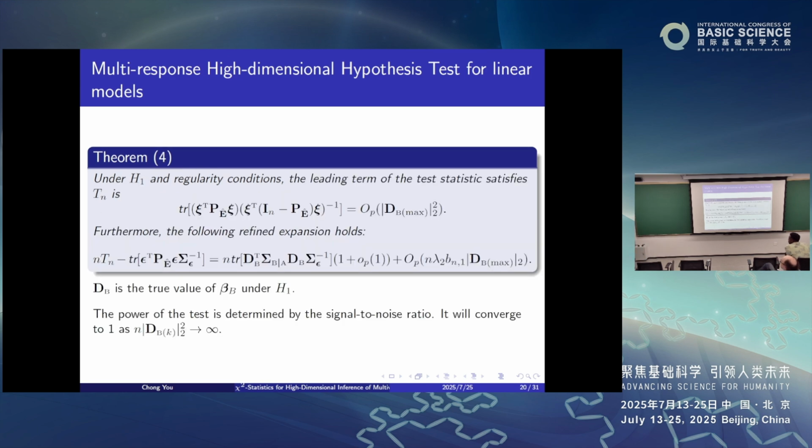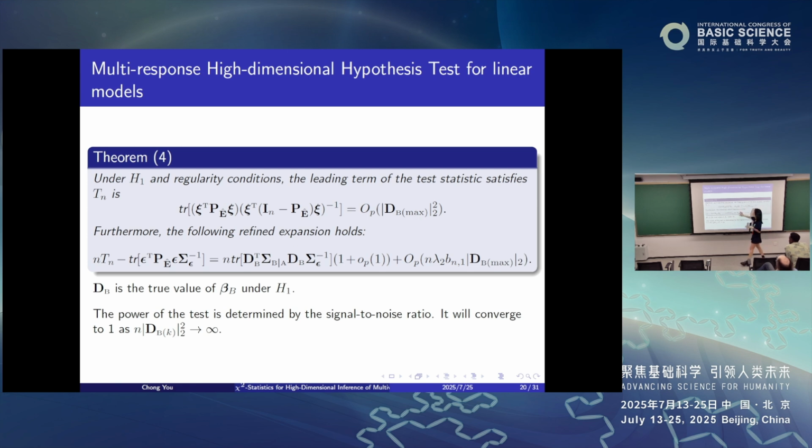So theorems 1, 2, 3 are about the type 1 error, and this one is about the power. On the alternative hypothesis, again under regularity conditions, the leading term of the test statistic will be this one. That means the power depends on dB. What is dB? dB here is the true value of beta b. So if the true value of beta b is not 0 and it is large, then the power will go to 1.